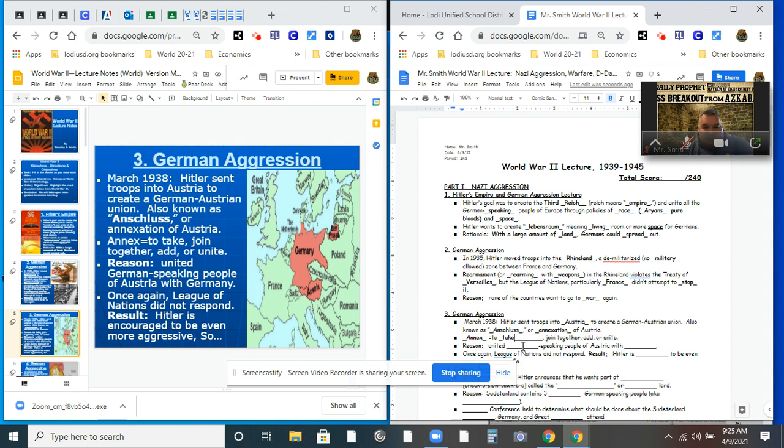We're writing annex and take. Why? There's a bunch of people in Austria that speak German. Of course, German is the dominant language in the area. Does that necessarily justify taking it? No. But is that the justification they used to take it? Yes. So that's what was happening.